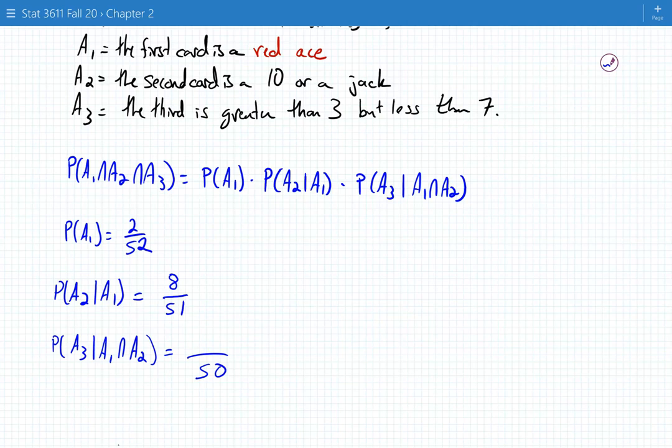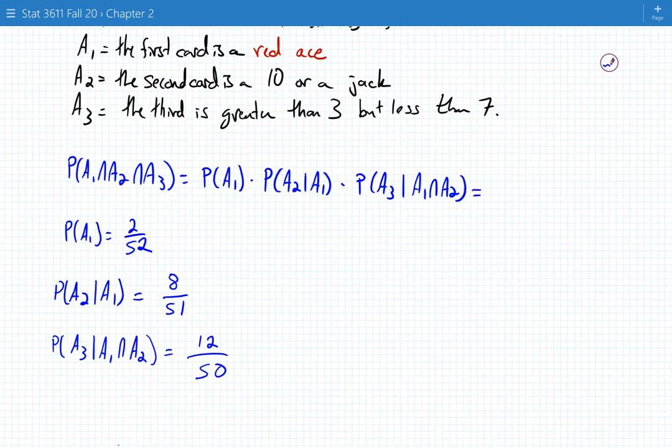Right? So greater than 3, that means we could have a 4, a 5, or a 6, less than 7. These are not including 3 or 7, right? Greater than or less than. So this is 4, 5, or 6. There are 3 options of each left for a total of 12. So there's a 12 out of 50 shot that happens.